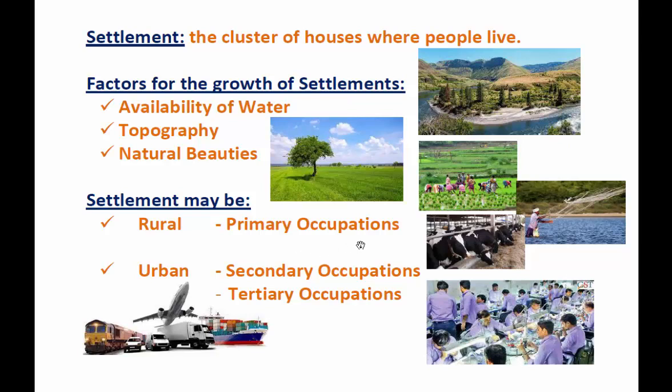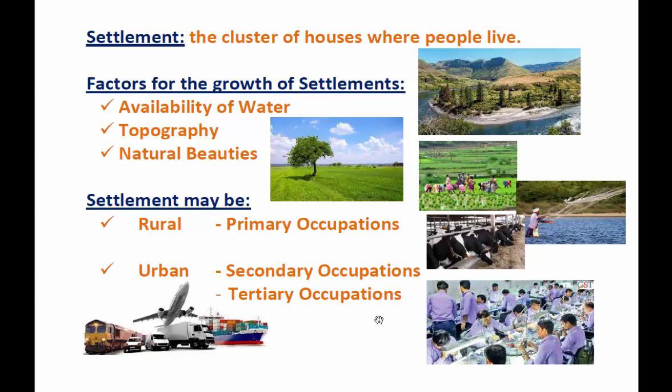Those people who live in rural areas will have these occupations. Whereas in the urban settlement, most of the people will engage in secondary occupations such as workers in the industry and all, and those services, tertiary occupations.